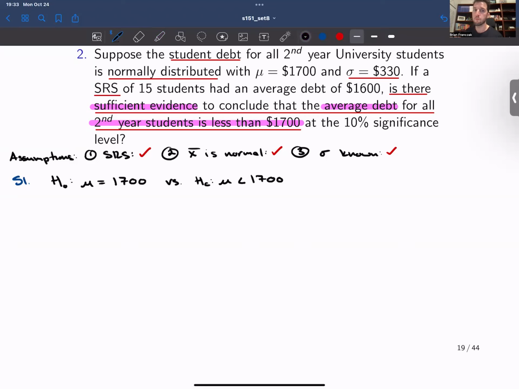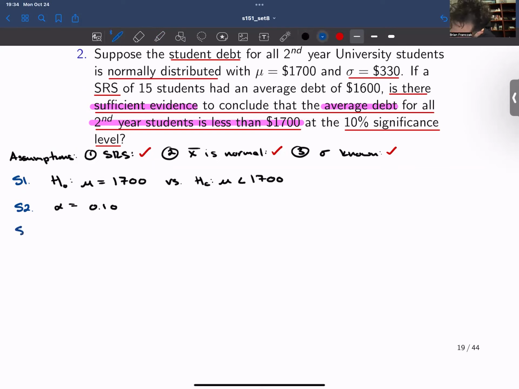In all situations, we will simply write the null hypothesis as mu equal to whatever the hypothesized value is. All right, step 2, we simply declare the significance level. In this problem, we want to test at the 10% significance level. Okay, so we just write here alpha equals 0.1. So we're just stating the percentage significance level in decimal form.